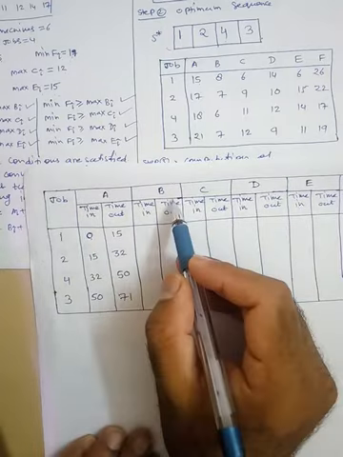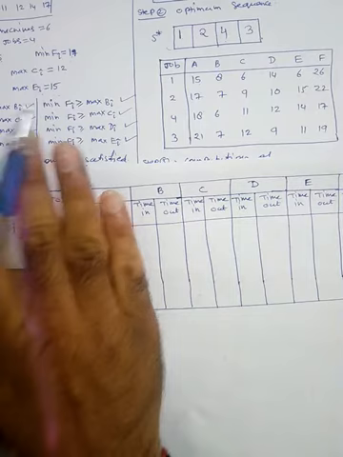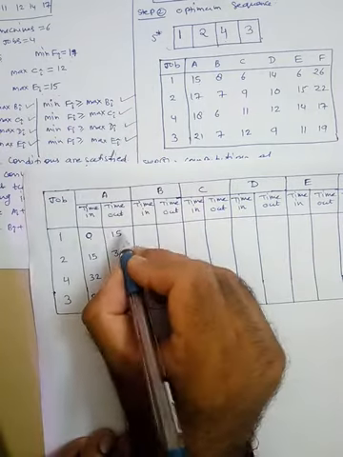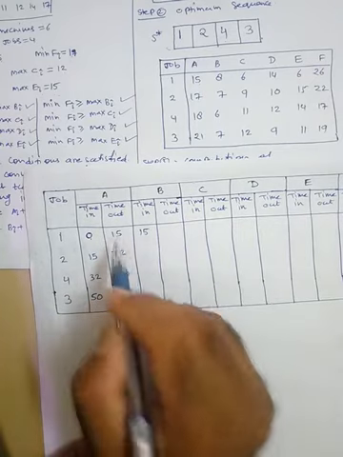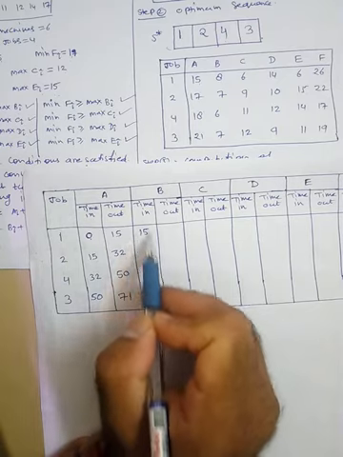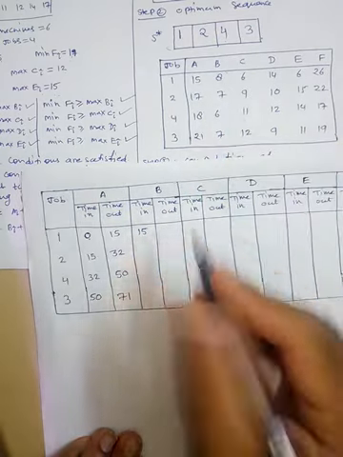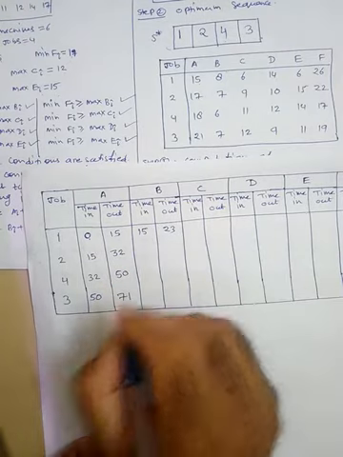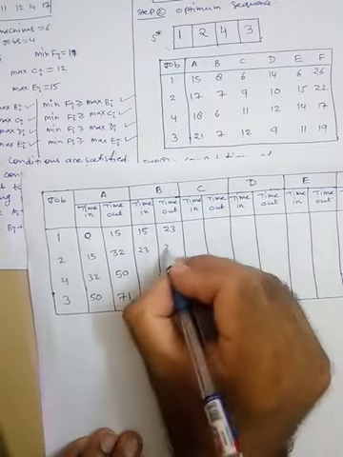Now after processing all the jobs here, the product is sent to machine B. Fine. So since 15 hours, any product will come here after 15 hours. So that's why 15 is the starting time here. Then here is 8, so 8 plus 15 is 23. Then 7, 30.